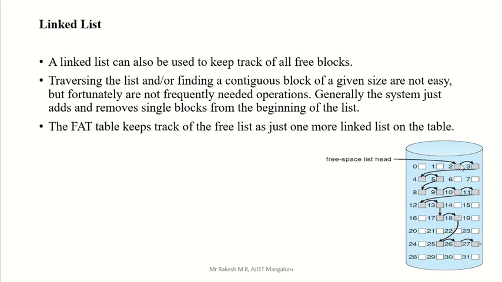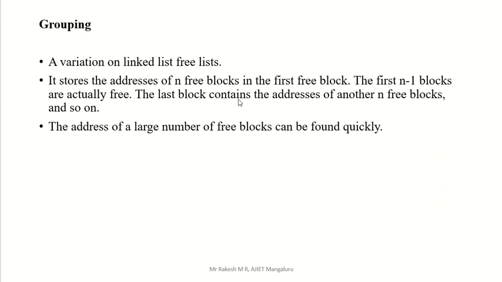I think you understood. In the grouping concept there is no need to link. In the second block itself, we store the whole free block list. Whichever blocks are free, those addresses we store in the first block itself. That is called grouping.